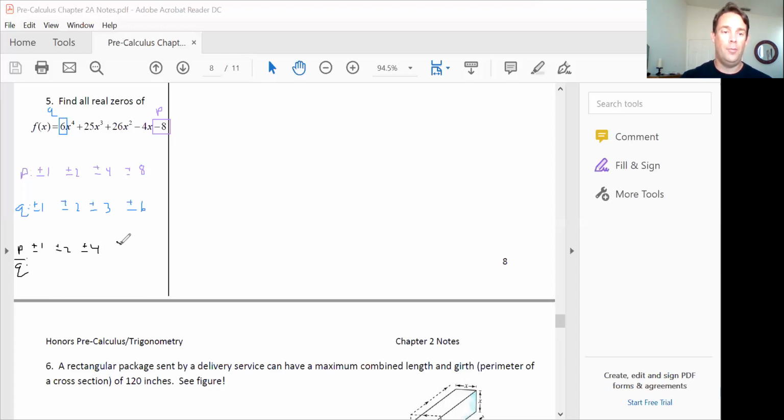All right, so there's all my p-values over 1. Now I do all my p-values over 2. Bear with me, I will go as fast as I can here. These are a lot of fractions I'm writing. Writing this many fractions with a mouse, not fun.